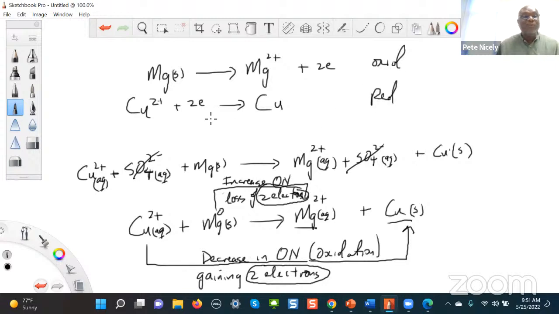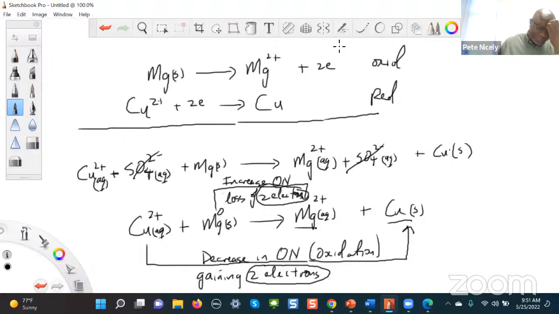And if we add these 2 equations together, then basically, just like we did before, whenever you're adding 2 equations together, what you have to ensure is that the common items on both sides will be canceled out, which in this case would be the 2 electrons here will be canceled out with the 2 electrons on this side.